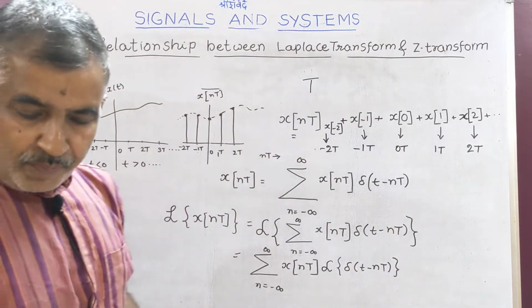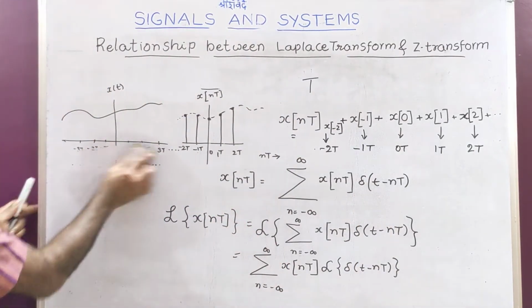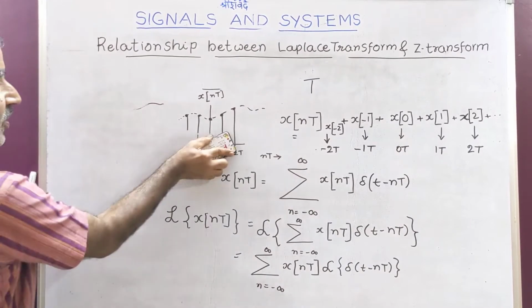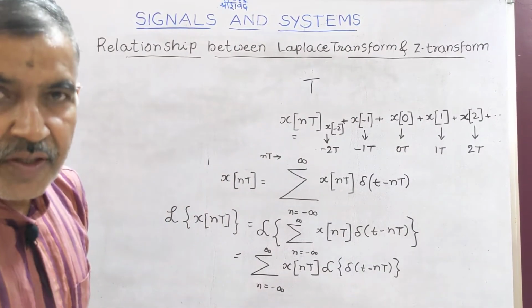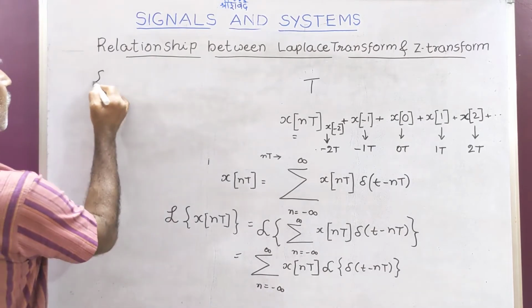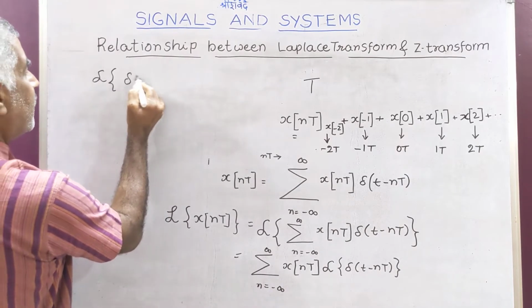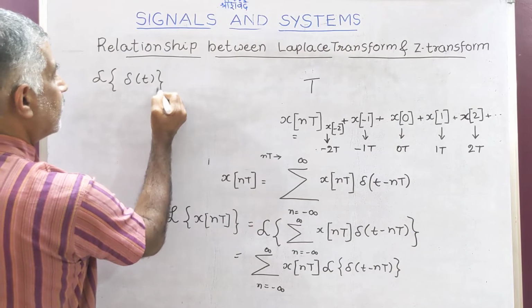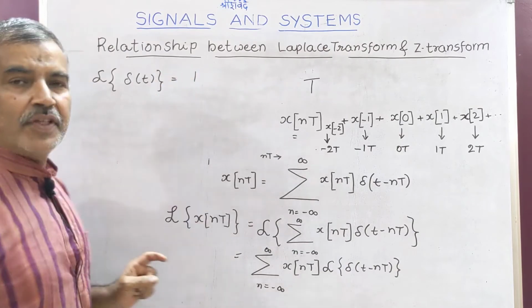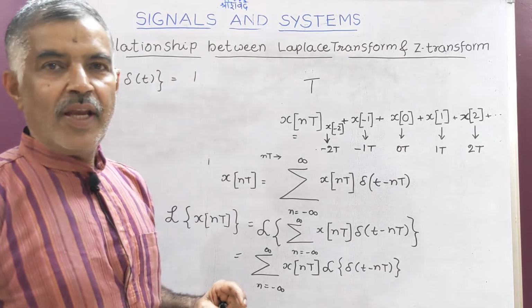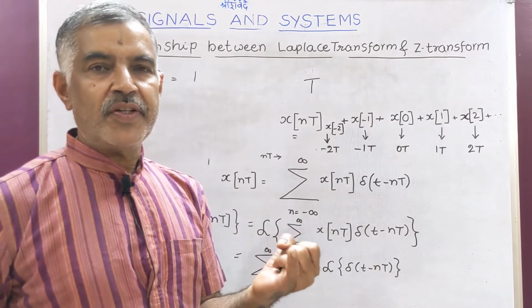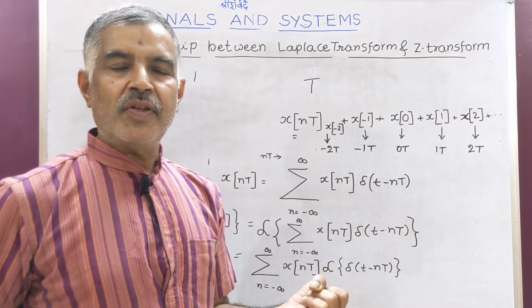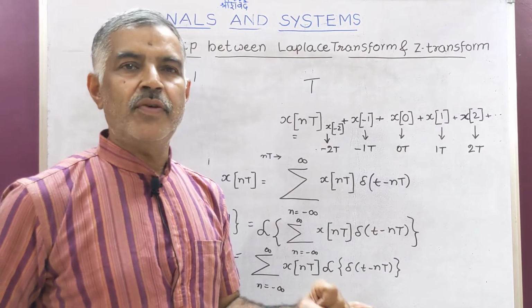I will remind you from Laplace transform. The Laplace transform of an impulse function is unity. Laplace transform of a delta function is unity. It is always a student friendly function. The Z transform of impulse function is unity.